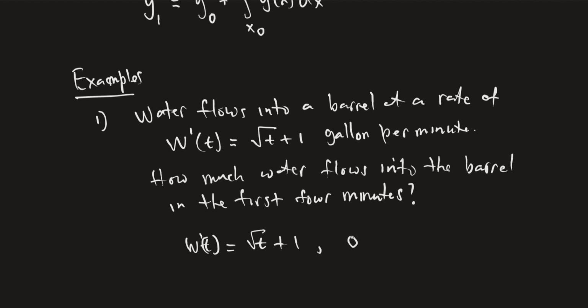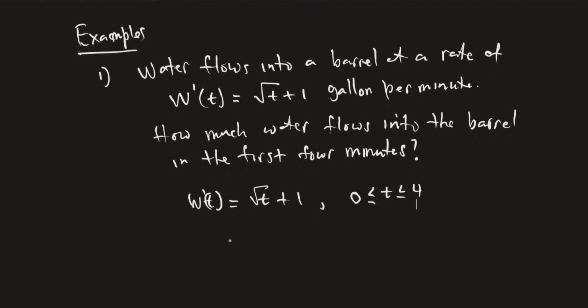Well, the first 4 minutes, that's from 0 to 4. Not 1 to 4, but 0 to 4. The first minute is from t equals 0 to t equals 1. So the first 4 minutes will be from t equals 0 to t equals 4, right? And what the question is asking symbolically is this: what's the change in the water flowing into the tank over this interval 0 to 4?